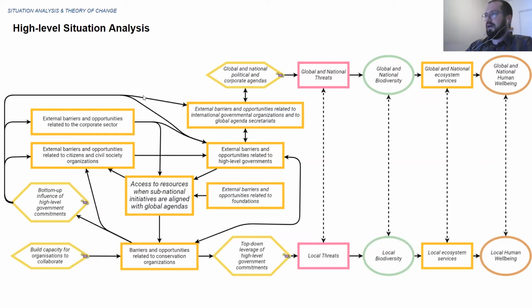You can go all the way up to international organizations, or to high-level governments, or you can go through the corporate sector, which can then push their priorities to the high-level governments, or you can work with civil society, which will then elect or put pressure on high-level governments.